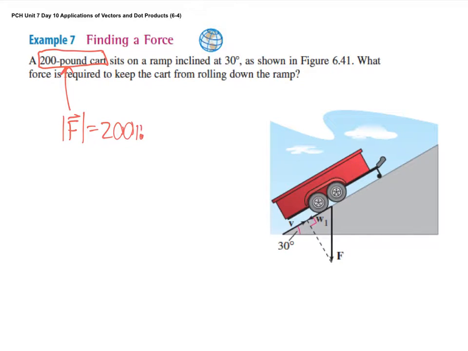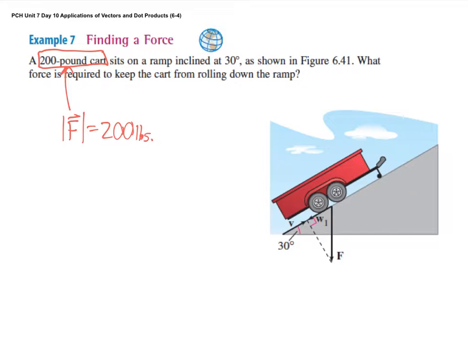Now this is saying that it sits on a ramp inclined at 30 degrees, as shown in the figure. What force is required to keep the cart from rolling down the ramp? So what are we trying to find? V. W2. No, V, because isn't V pushing the cart up? Okay, V, which is going to be the opposite of W, so if we find the magnitude of W1, it's going to be the same as the magnitude of V, right?